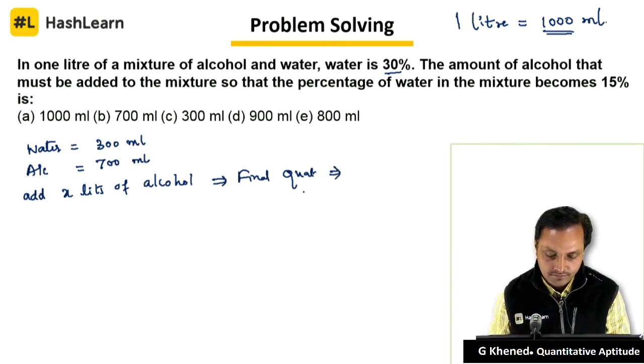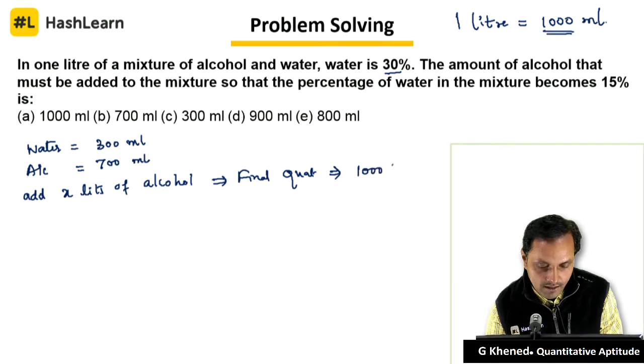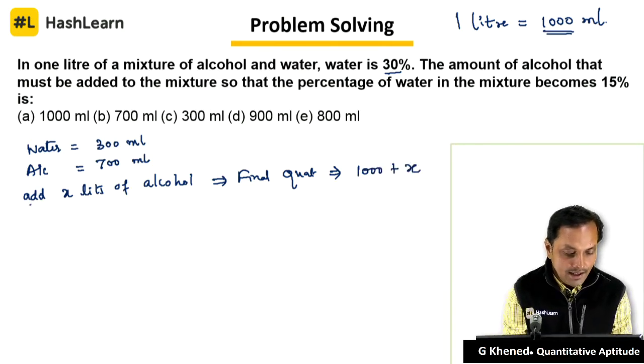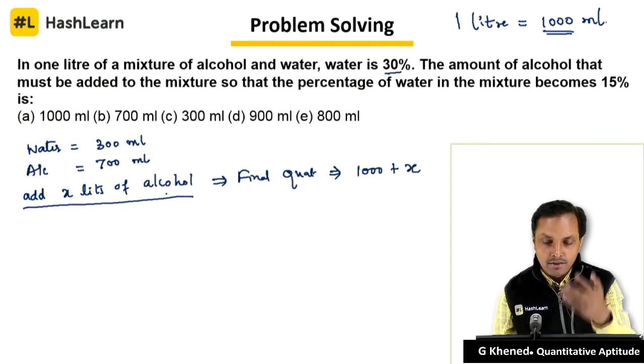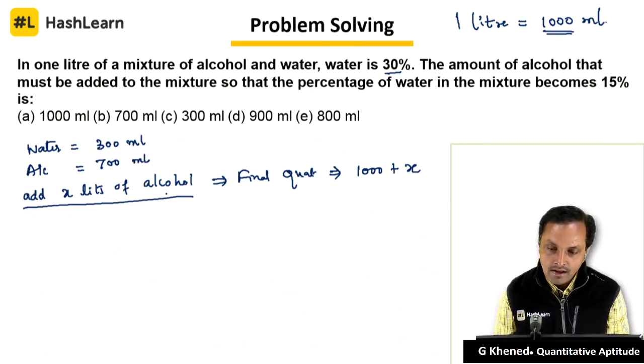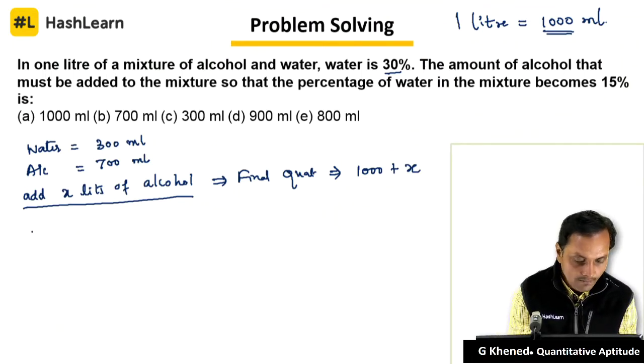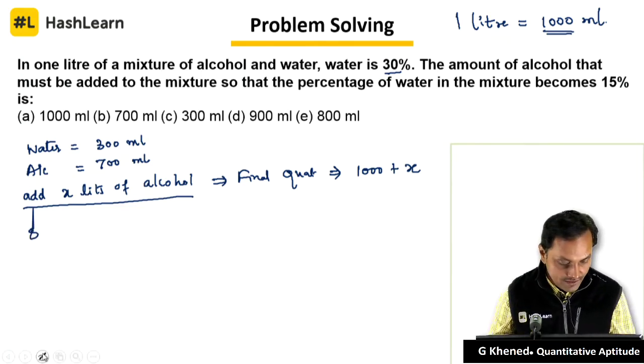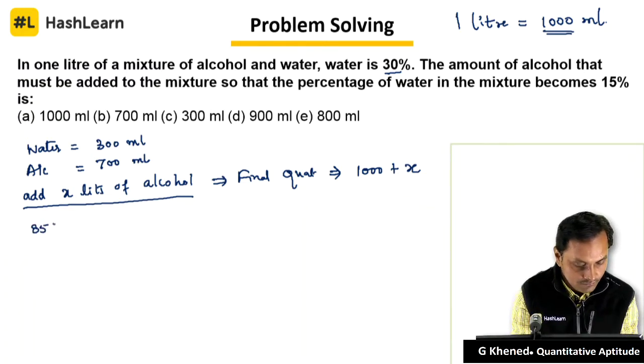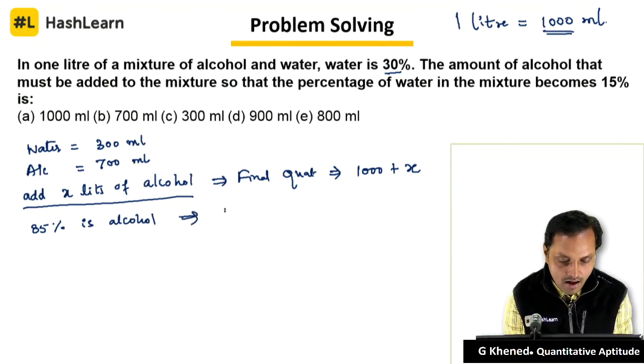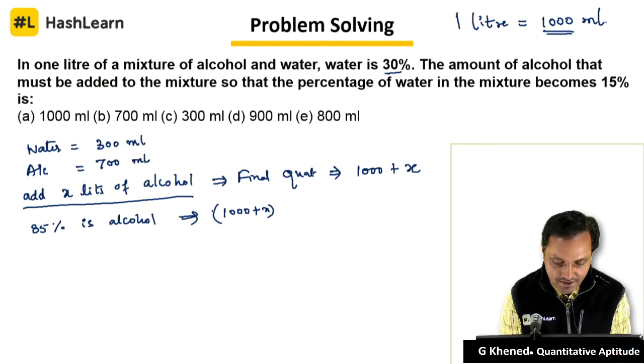It will be 1000 plus X. If you add X liters of alcohol, your final quantity will be 1000 ml plus X. And the percentage of water becomes 15%, which means your 85% will be that is 1000 plus X. What is 85%? 85 by 100.